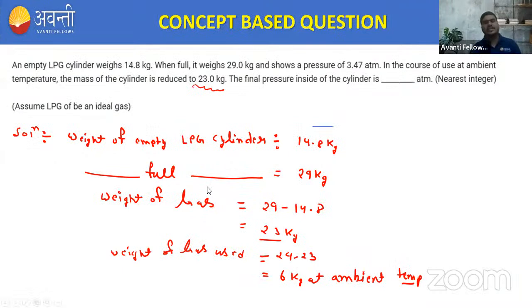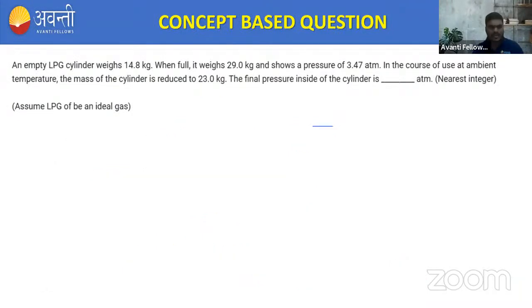Okay? So, 6 kg of ambient temperature weight of gas used we have. Now, for the ideal gas equation, we can say that PV is equal to nRT, and we can write as mass of the solute upon molecular mass into RT. So applying the ideal gas to the LPG cylinder when the gas is full.